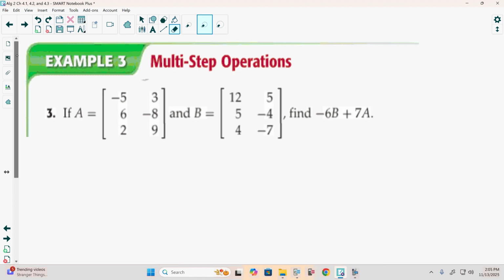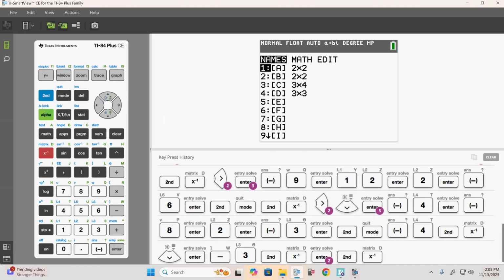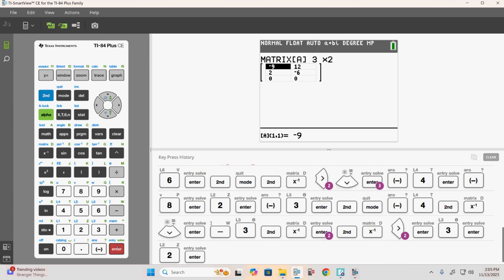Do we want to do this by hand or in the calculator? Walk through it in the calculator. So we have two matrices here, both A and B, yes? So what we can do is come over here, we need to define matrix A. So second matrix, over to edit. We're going to select the first matrix, and it is a 3 by 2.